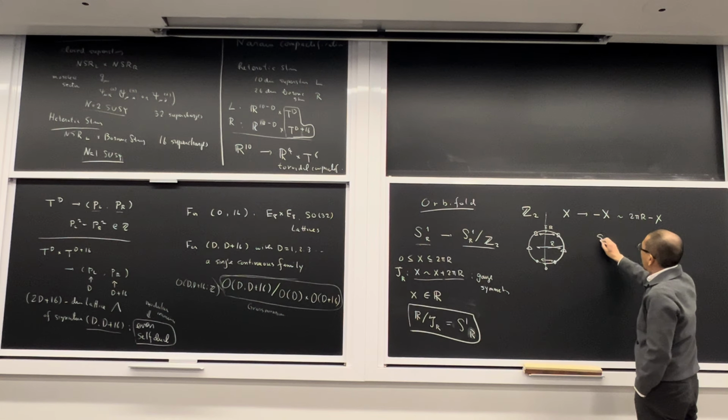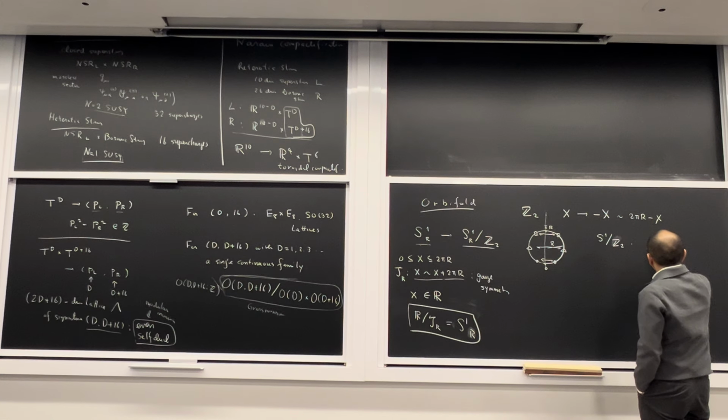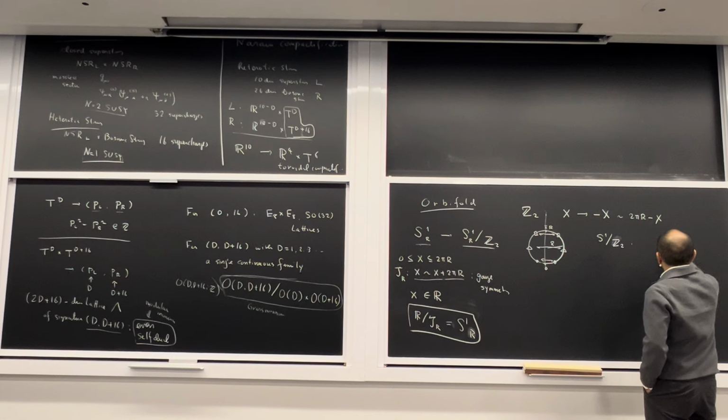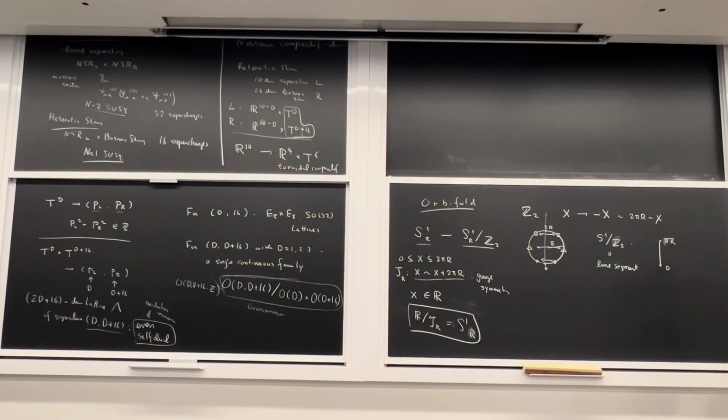Therefore, you can think of S1 over Z2 as actually a line segment going from 0 to pi r. So orbifold in this case means that the target space is now a line segment rather than a circle.